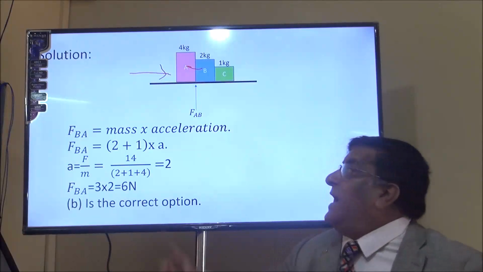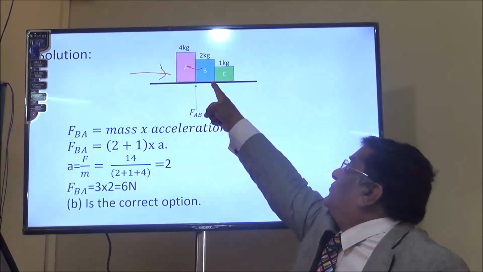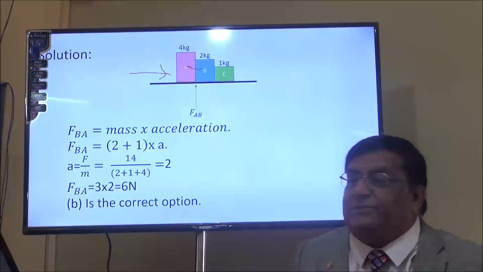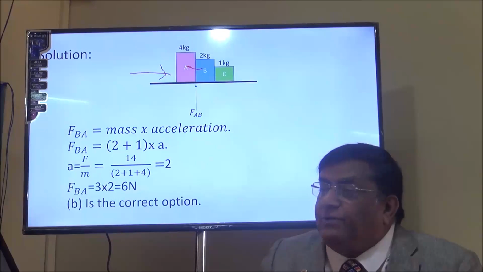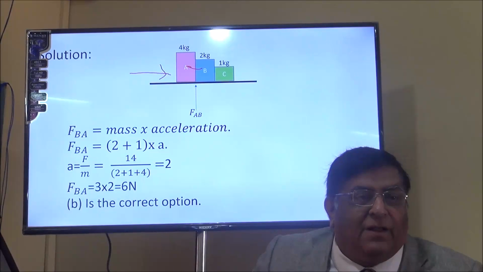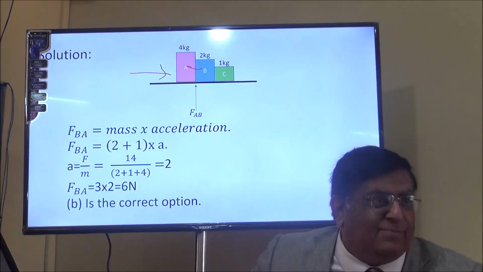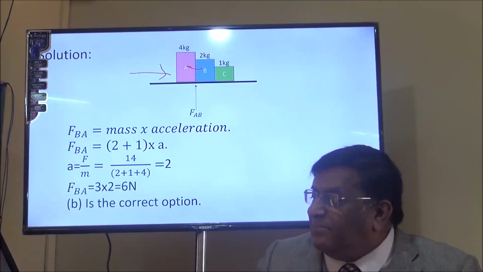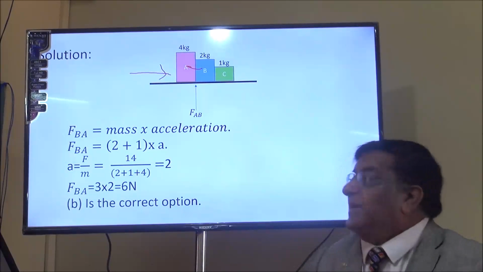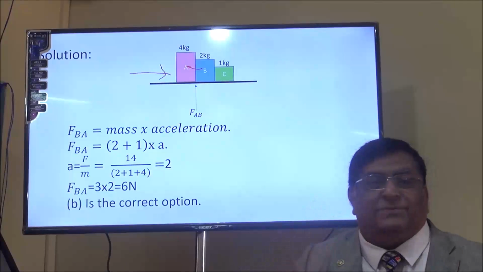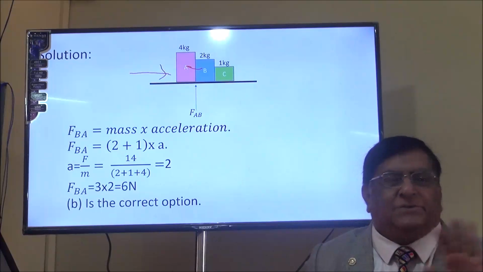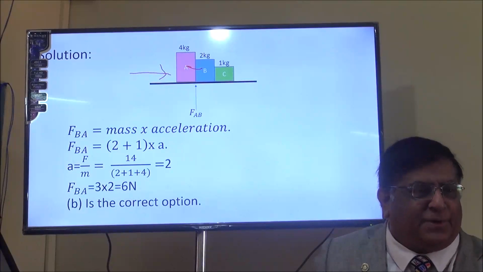Then I am pushing 3, A is pushing 2, B is pushing C, only one box. Should our forces be equal? No. Because we are getting the same velocity, same acceleration, but I am doing it for 3, A is doing it for 2. So the forces have to be different.